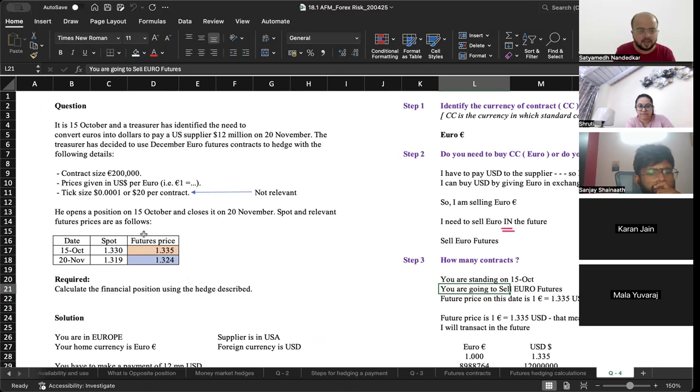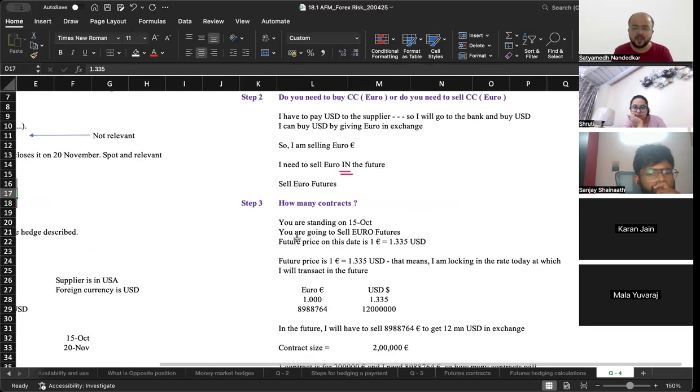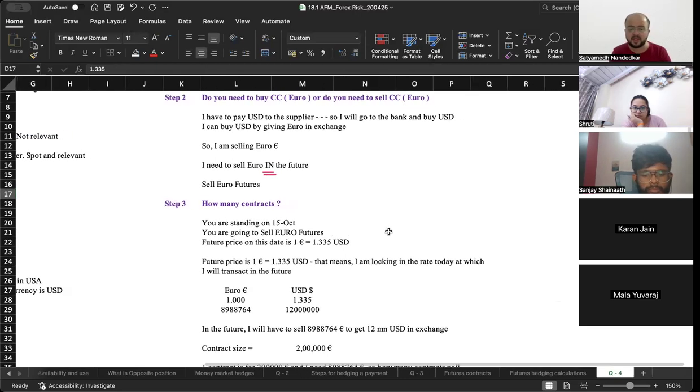The tick size is this. Futures price is 1.335. Spot rate is 1.330. Now, you are going to sell euro future and the future price is $1.335 equal to 1 euro. Future price means I am locking in the rate at which I will transact in the future.